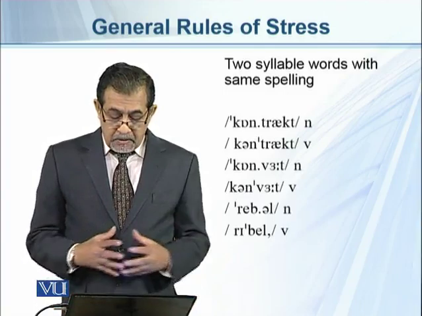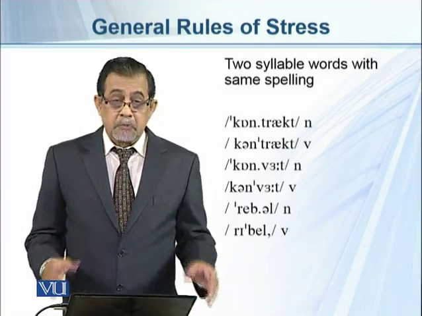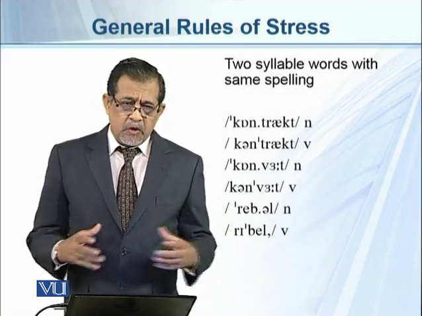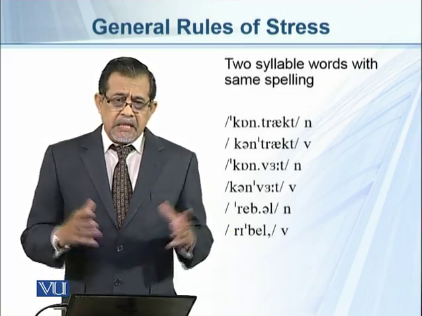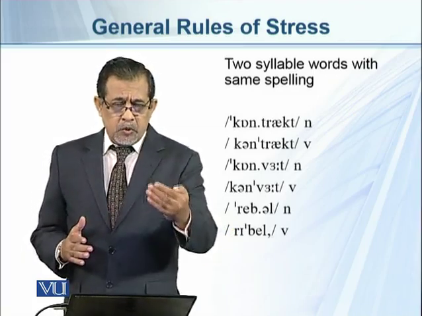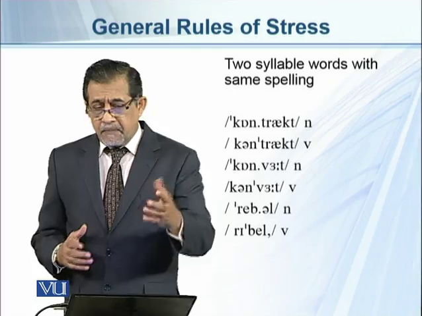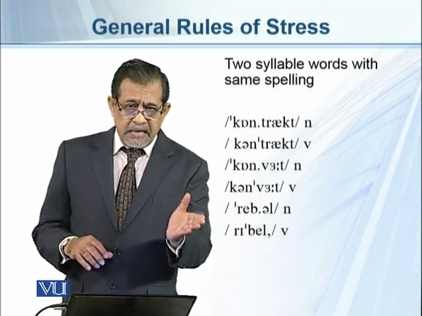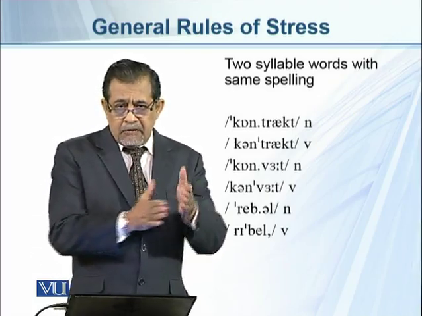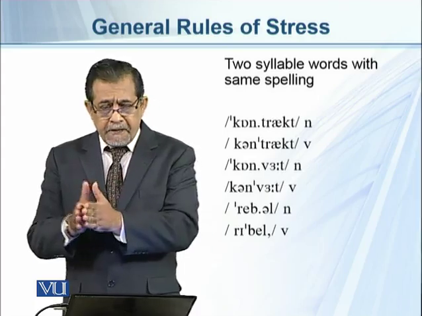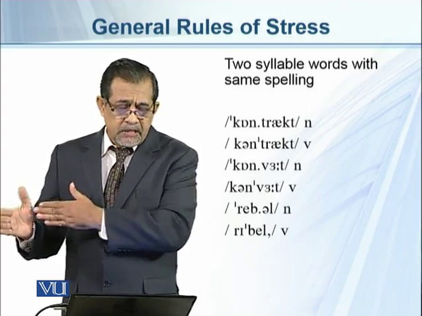Two syllable words with the same spelling. These are word class pairs. We call them word class pairs. These are two syllable words which have the same spelling and are used as noun or as verb. So here we have to make a distinction between noun and verb, because in a noun the stress is always given to the first syllable, and in a verb, the stress is always given to the second syllable.